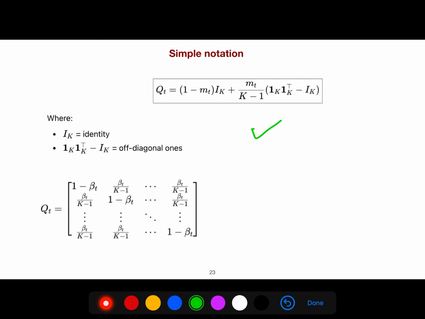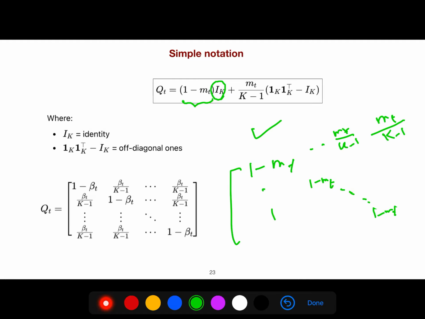This is very simple, because you see, in the diagonal it is 1 minus m of t, and the off-diagonal is m of t over K minus 1. So it becomes this.